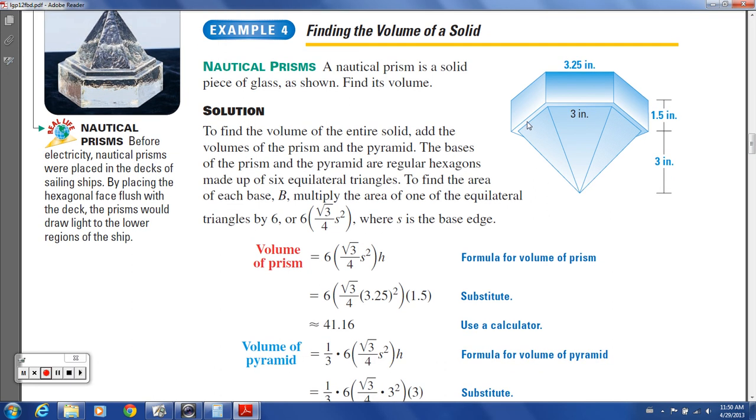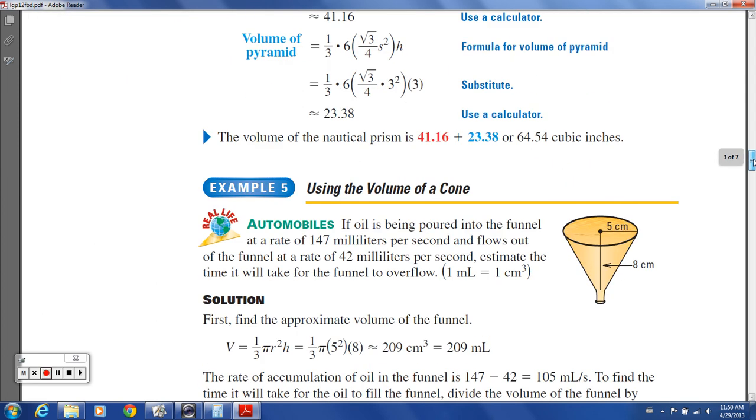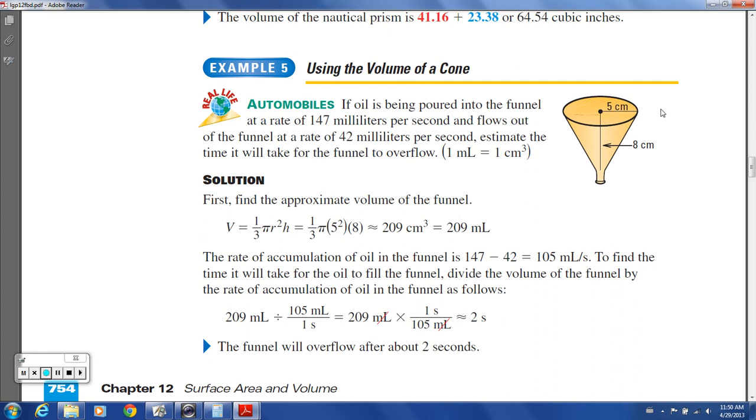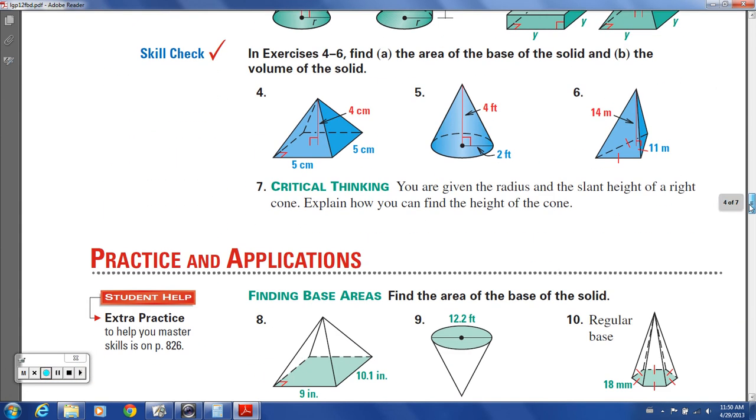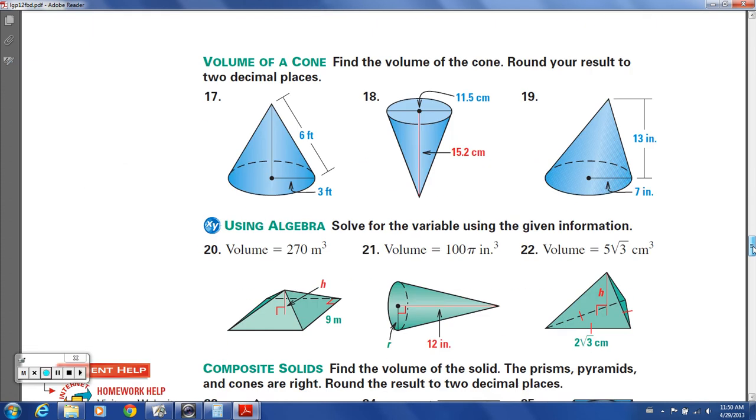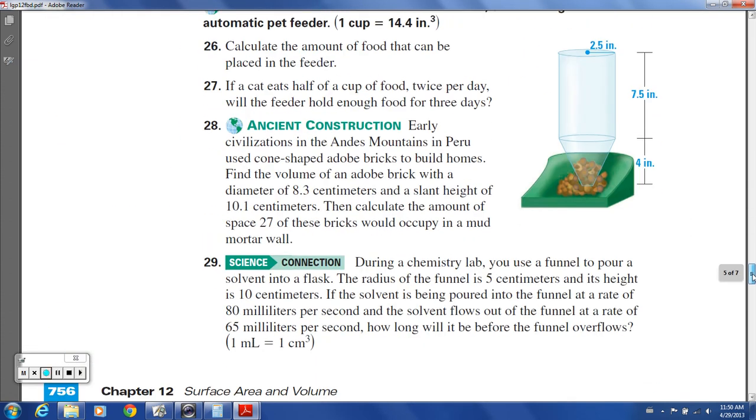So you can use that idea to figure out the volume of this nautical prism. How much glass would you need for a nautical prism? Something like that. You can also think about how much, this is oil being poured into a funnel, like how much oil can the funnel hold. If it's flowing through the funnel at a certain rate, how fast can you pour, things of that nature. Pretty cool stuff. Engineers would use things like that all the time to make sure they got enough.